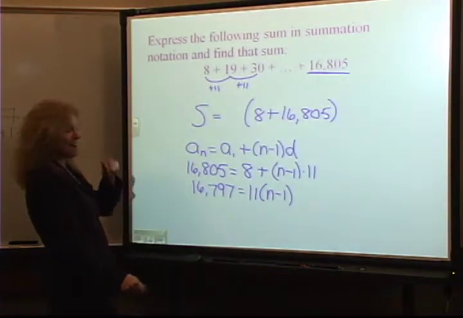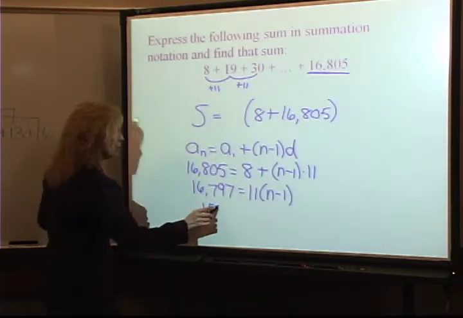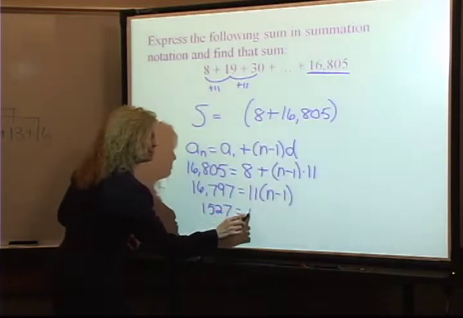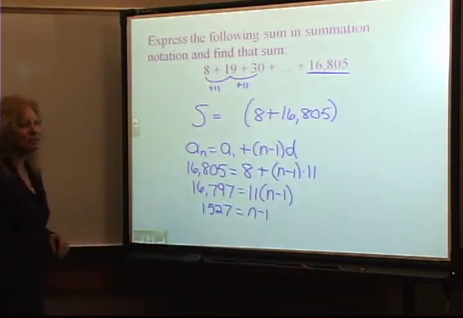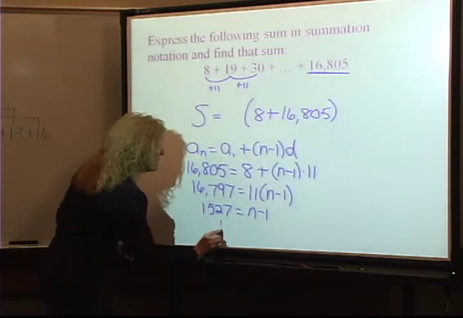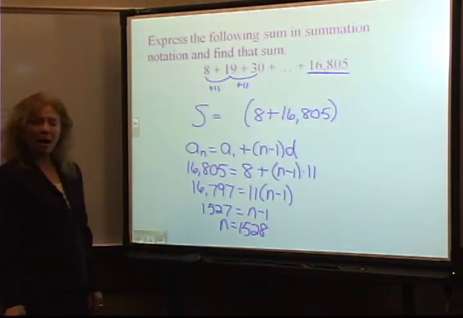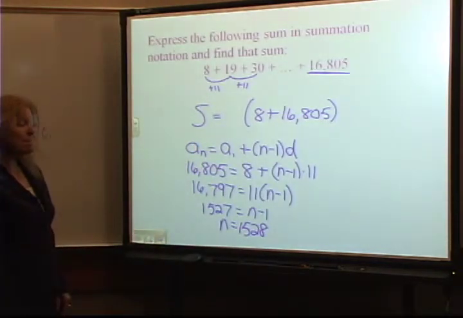Then we get to divide. I believe that's 1527. Not too hard to divide by 11. And then add your 1 over. N is going to equal 1,528. Wow! That's pretty amazing.